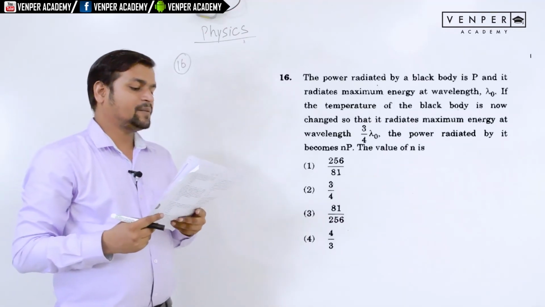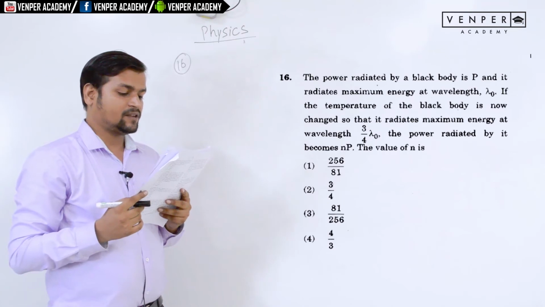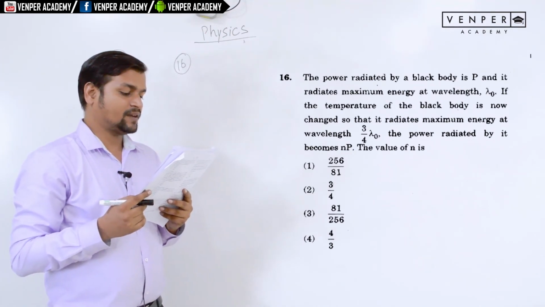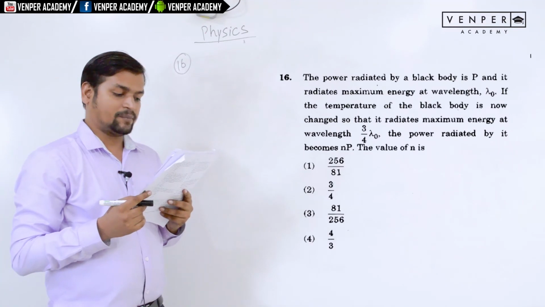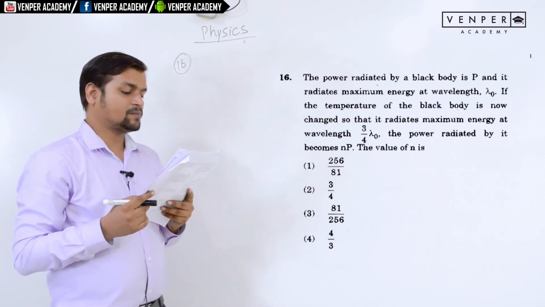The power radiated by a black body is P and it radiates maximum energy at wavelength lambda naught. If the temperature of the black body is now changed so that it radiates maximum energy at wavelength 3/4 lambda naught, the power radiated by it becomes NP.